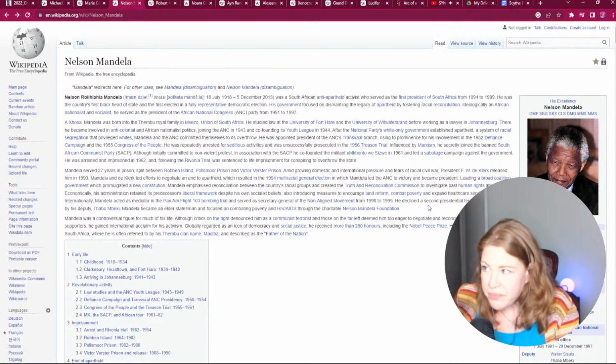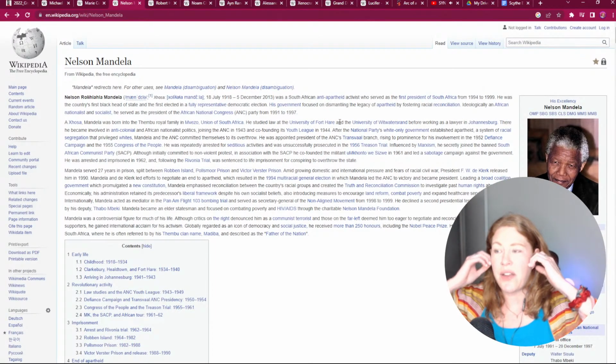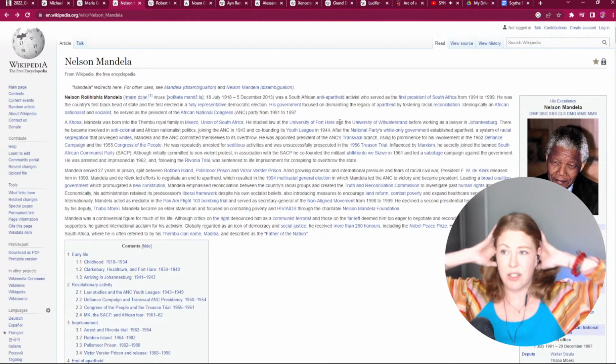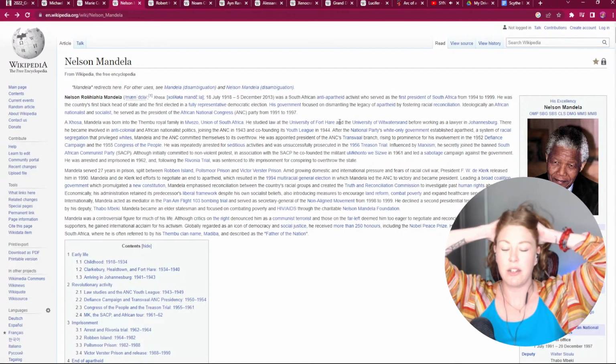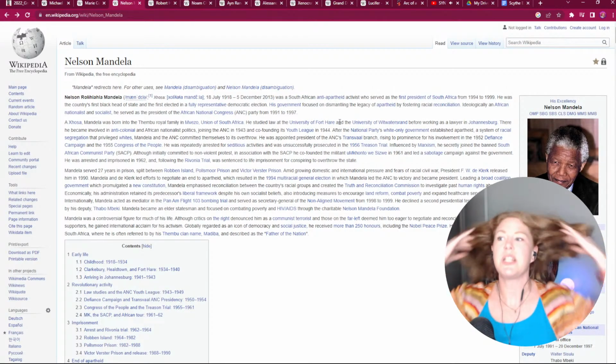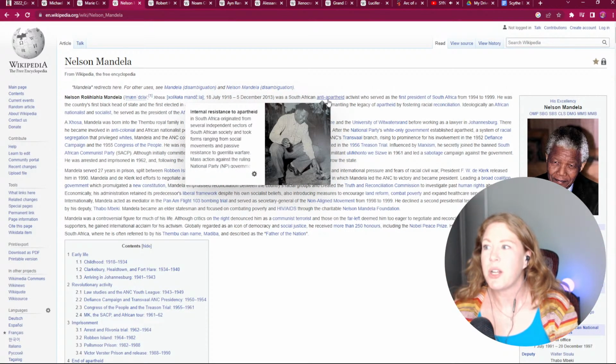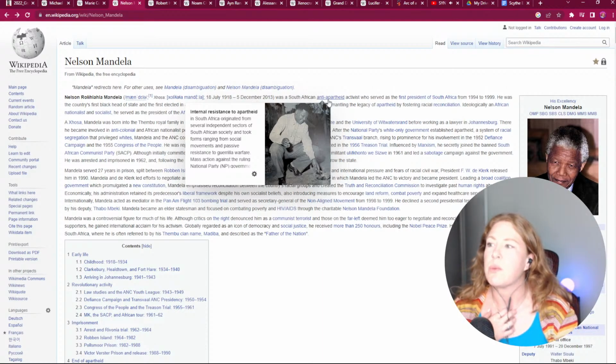Okay, so Nelson Mandela, South African anti-apartheid activist. I had to look up what apartheid was a while ago. Apartheid in South Africa originated from several independent sectors of South African society and took forms ranging from social movements and passive resistance to guerrilla warfare.